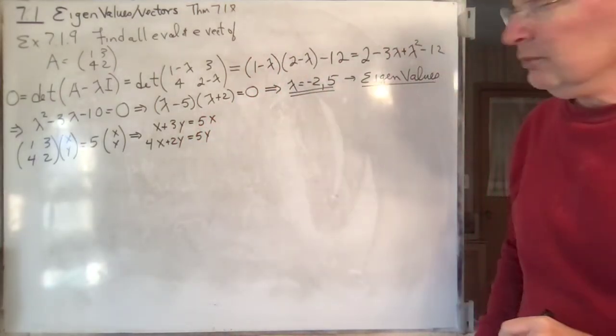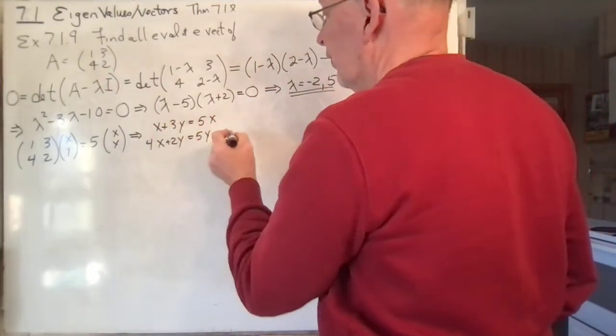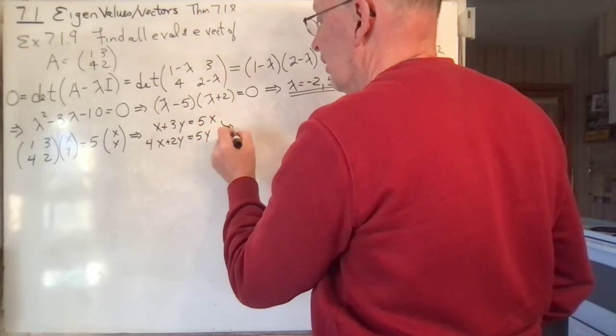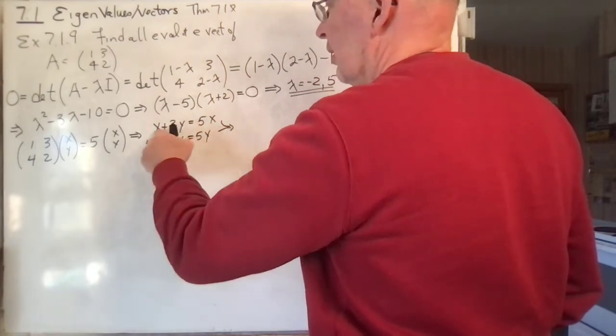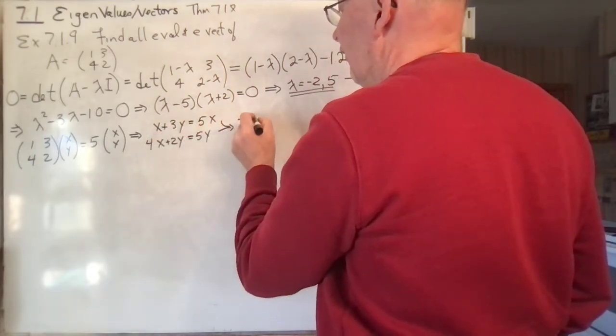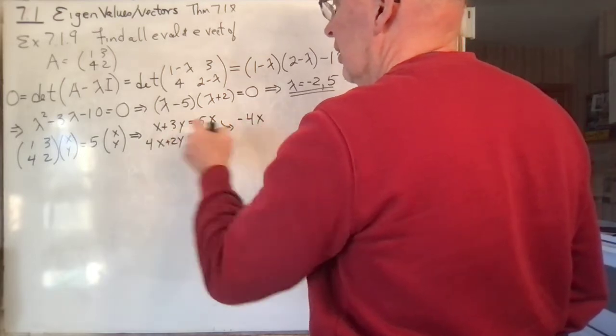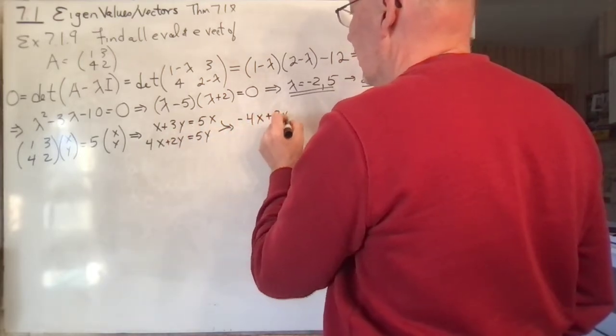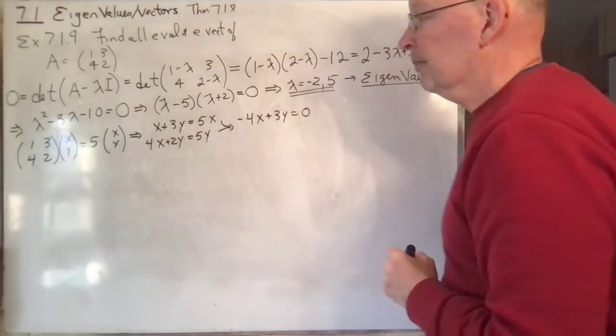Agreed? So now, if we move everything over to the left-hand side, we're going to get negative 4x plus 3y is equal to 0.